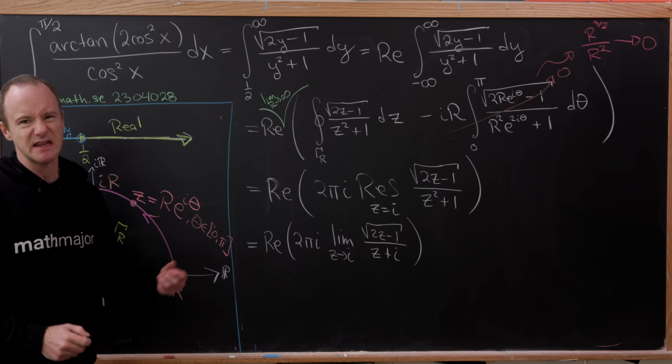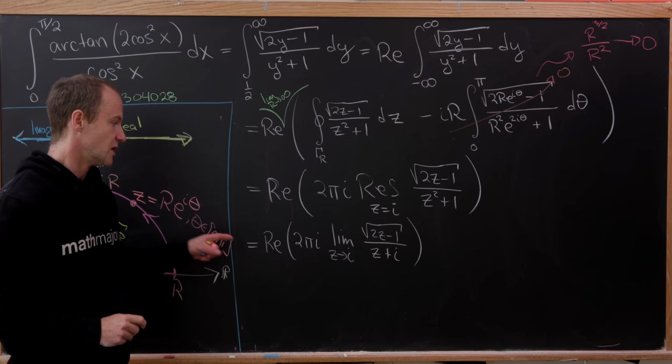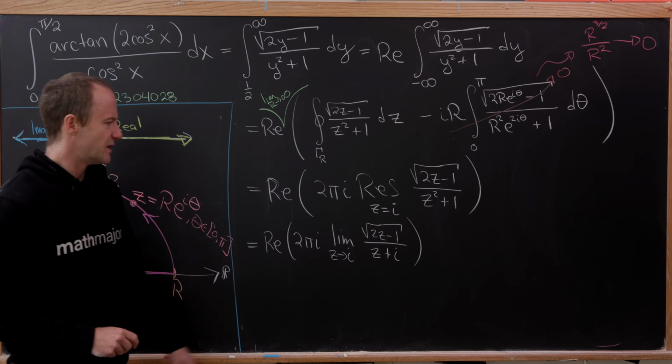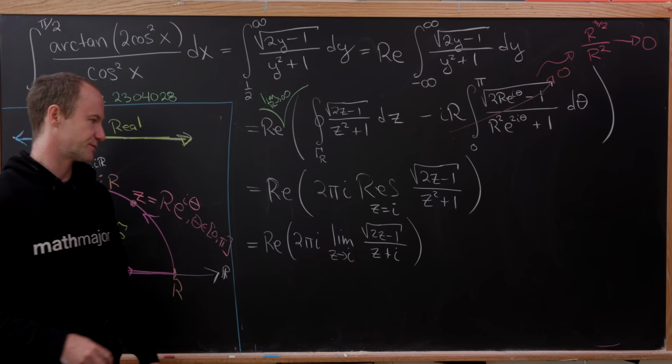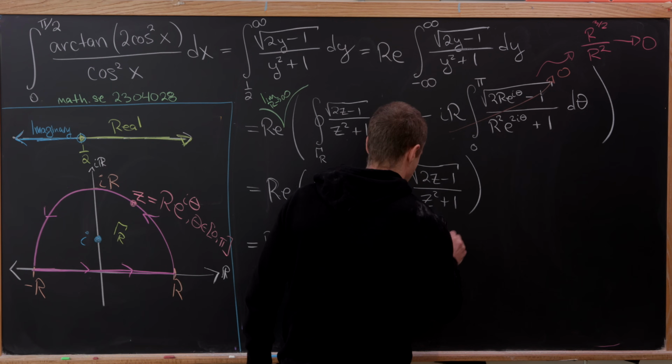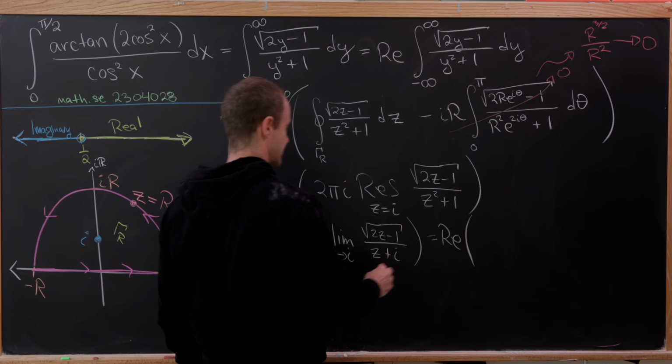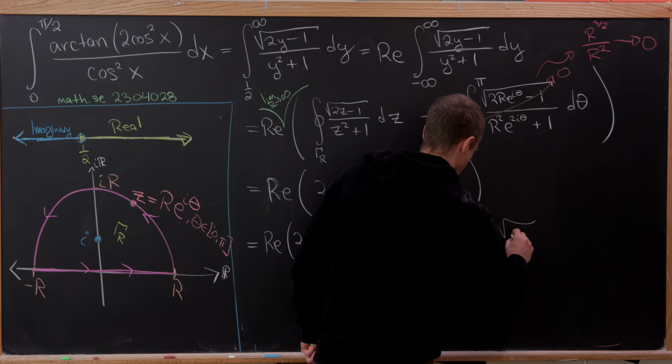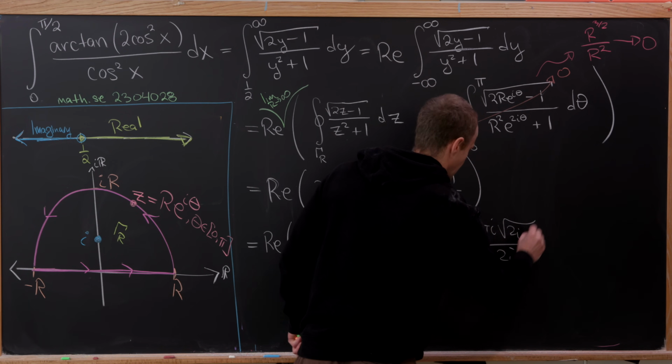That's because the z minus i term canceled when we multiplied it in the residue formula. But now this is continuous at i, so we can just plug it in, and we'll have the real part of, let's see, 2 pi i times the square root of i times (2i minus 1) over 2i.